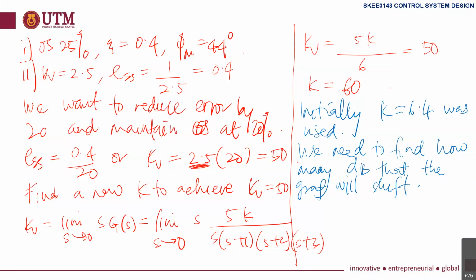How to do it? We have to divide 60 over 6.4, because we used 6.4 earlier. If we use 1, then just use 60. 60 over 6.4 is 9.375.